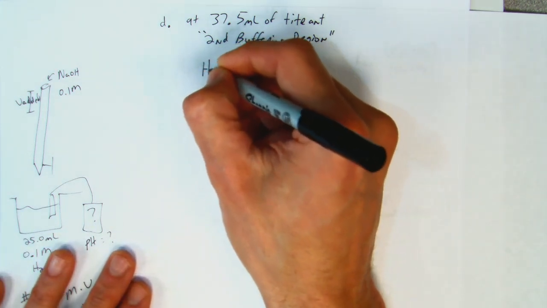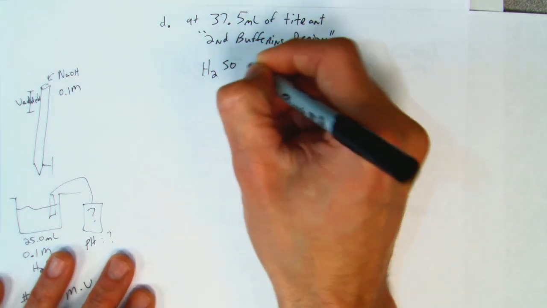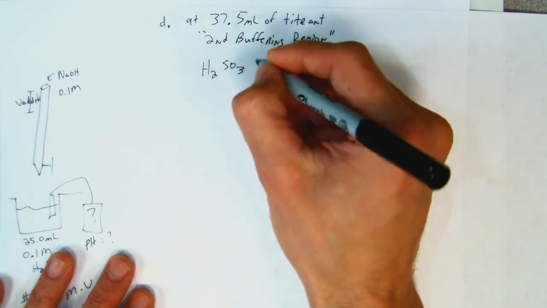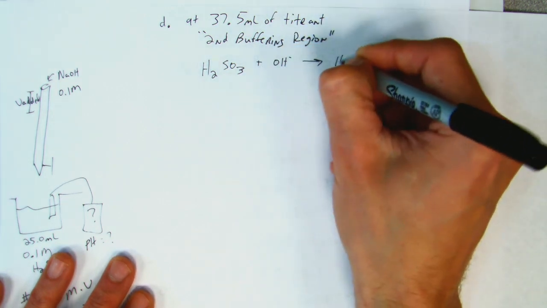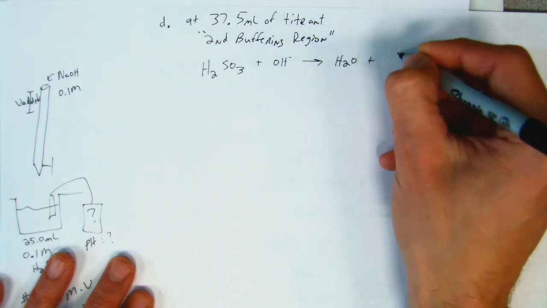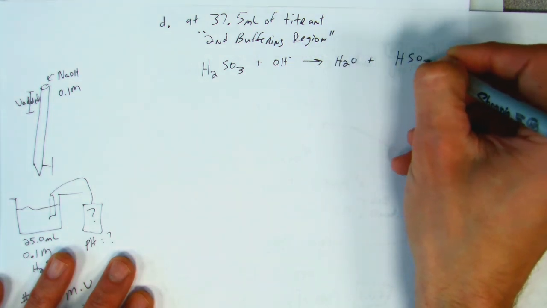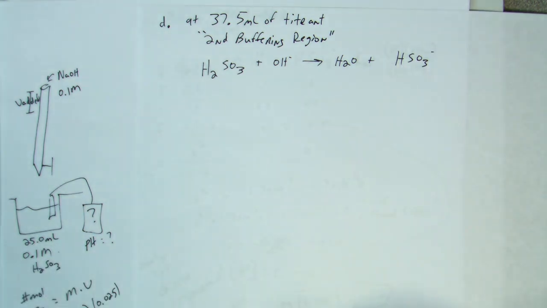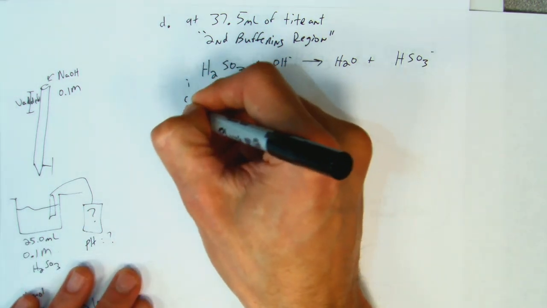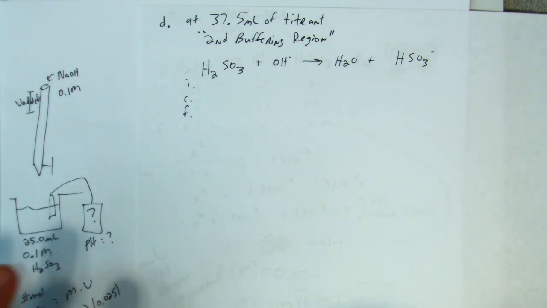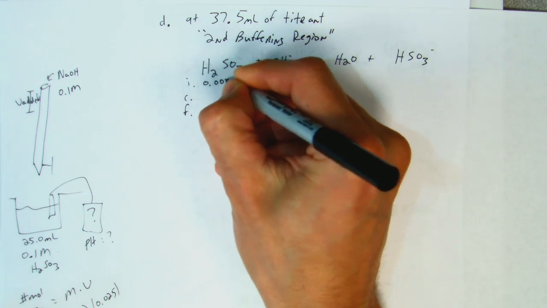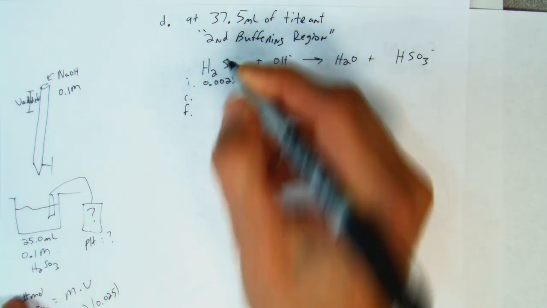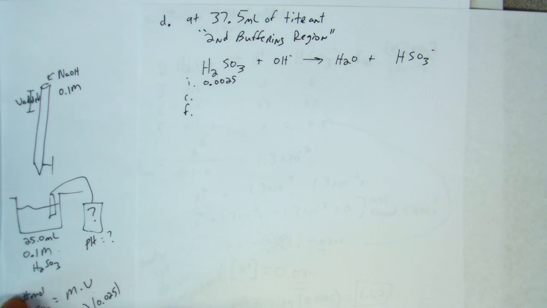To figure out where we're at, you always go back to your inventory and you work your mole-based inventory first. You write the reaction, you write what you make. We do our ICF. Nothing really changes at first. You ask yourself, how much of this acid do you have? Well, you got 0.0025 moles of it, because it's 25 milliliters of 0.1 molar solution.